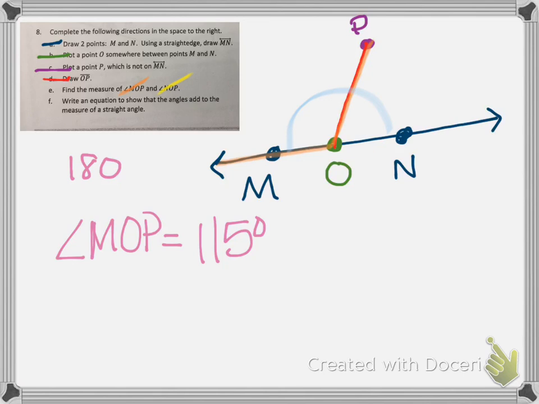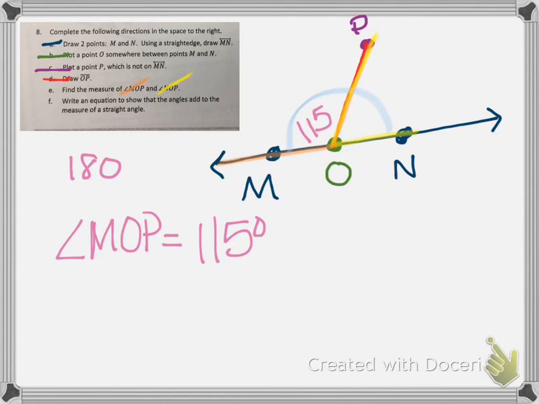Okay, well, if angle MOP equals 115 degrees with my protractor, what is angle NOP? Well, I can use my protractor and I can find the measurement, and oops, let's use a pen.